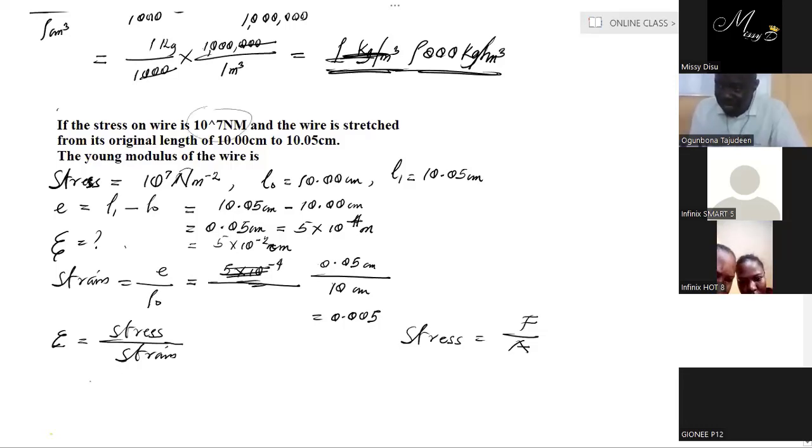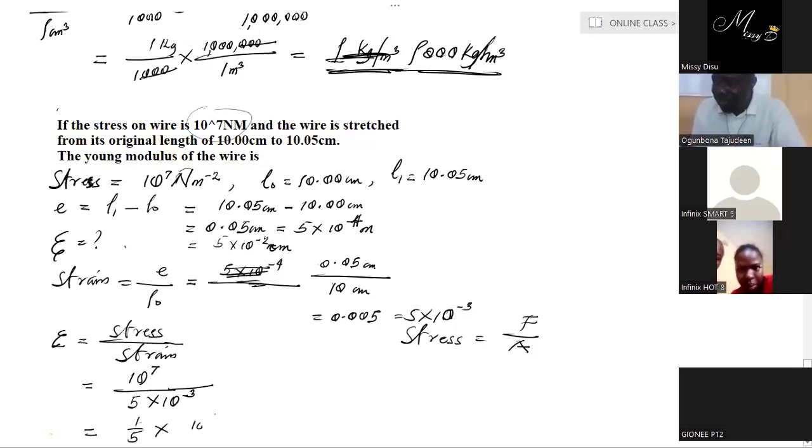So our answer now will be 10 raised to power. This one now is 5 times 10 raised to power minus 3. So the stress is now 10 raised to power 7 over the strain, which is 5 times 10 raised to power minus 3. If we take 10 raised to power minus 3 up, this is 1 over 5 times 10 raised to power 10.